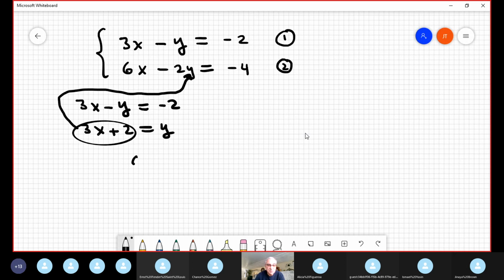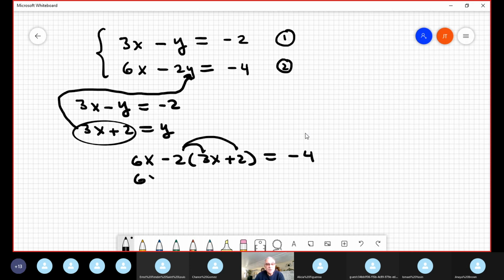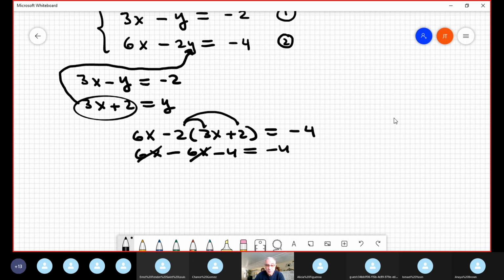So 6x minus 2 times parenthesis 3x plus 2 should be equal to minus 4. I copy that. I apply the distributive property. 6x minus 6x minus 2 times 2 is 4, equal to minus 4. Again, you try to solve it, but we cannot, because suddenly the variable disappears.